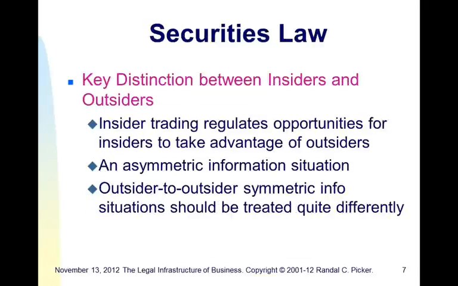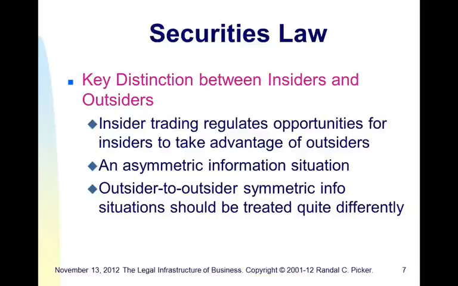From there, we went to a discussion of securities law, and one of the key distinctions there, I think, is the distinction between insiders and outsiders. That's a question of the symmetry of the information: outsiders are in some sense symmetrically situated. They have access to the same public information, while insiders, by definition, have access to non-public information.